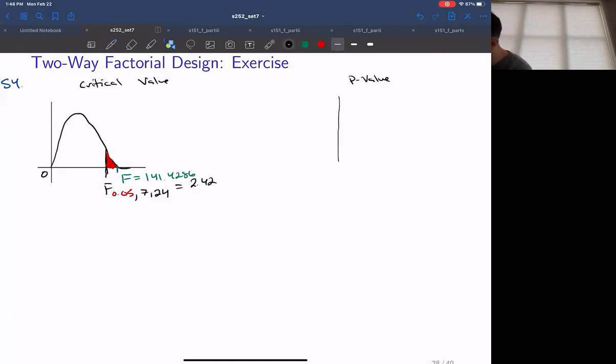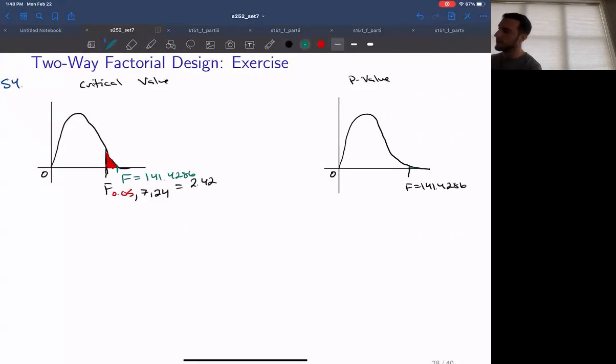Okay, and then if we take the p-value approach, in this case, we're going to consider our test statistic, which is 141.4286. This little green shaded part here is going to be the p-value.